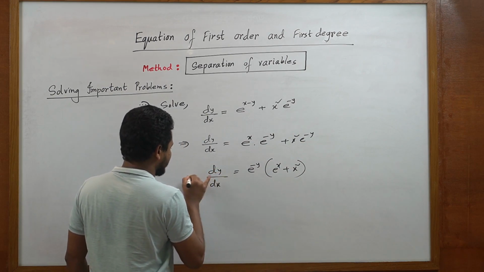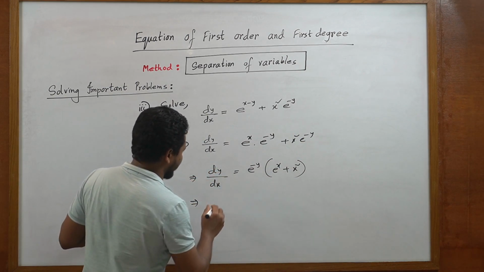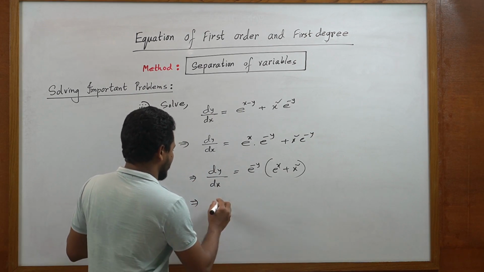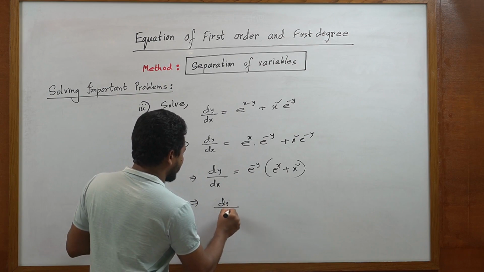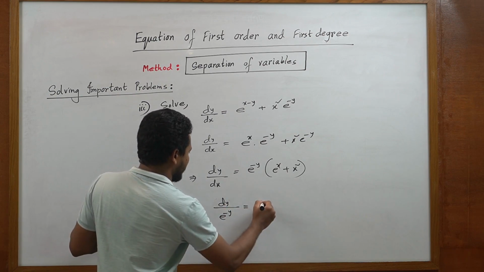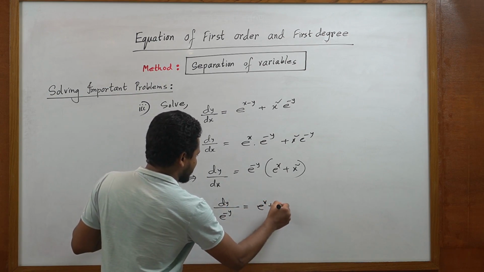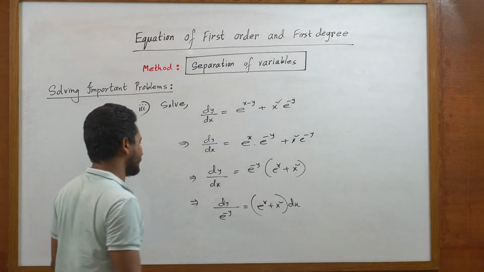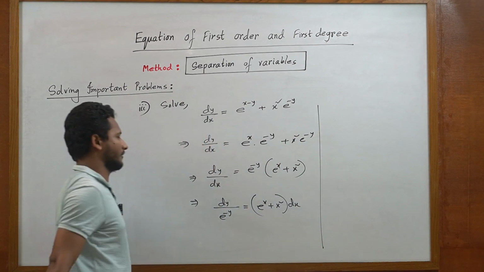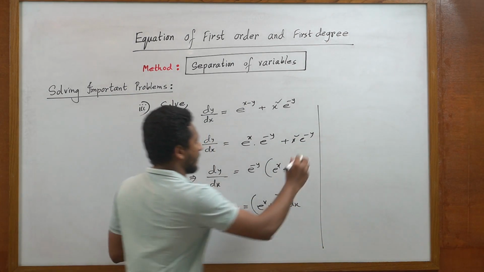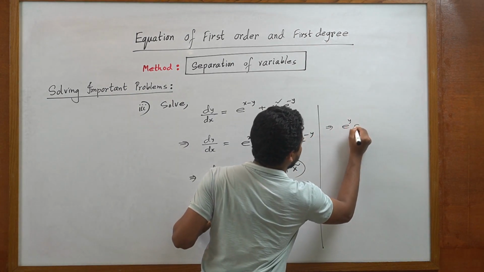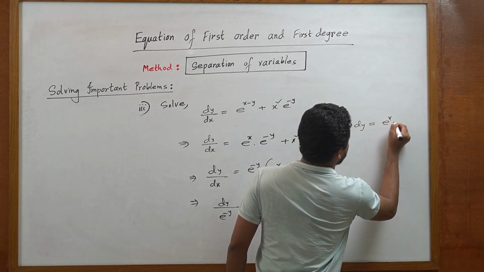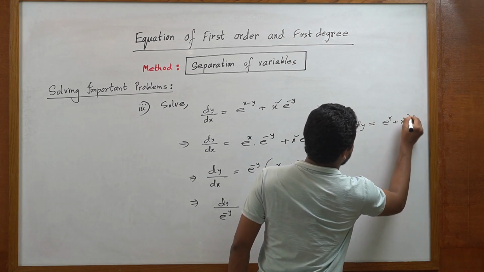Now we can write dy e to the power minus y equals e to the power x plus x square dx. Now e to the power y dy equals e to the power x plus x square dx.